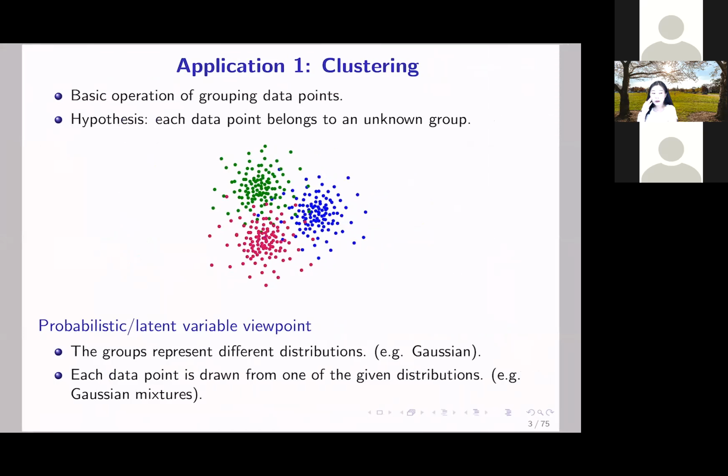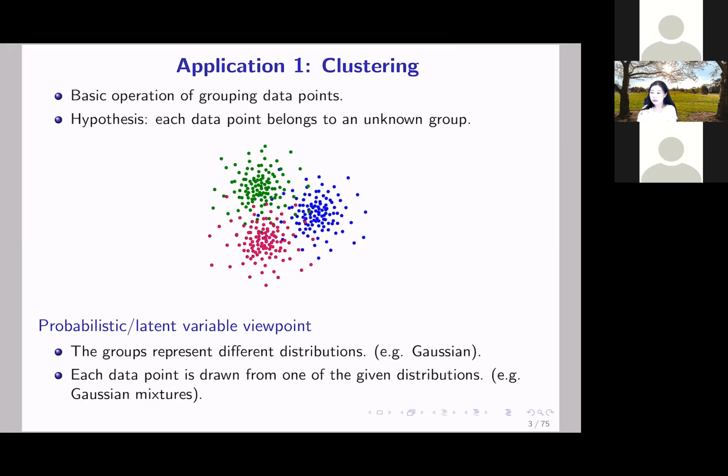But if you do it from a probabilistic point of view, or a latent variable model point of view, I should say latent variable model instead of latent variable. So in the probabilistic view or latent variable model view, the groups represent different distributions.